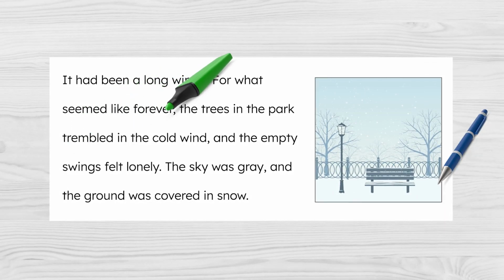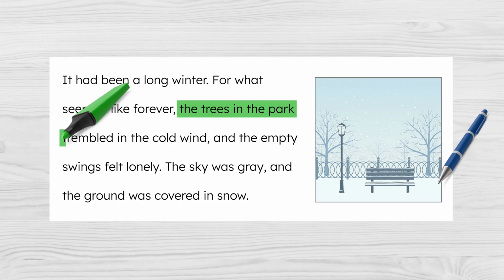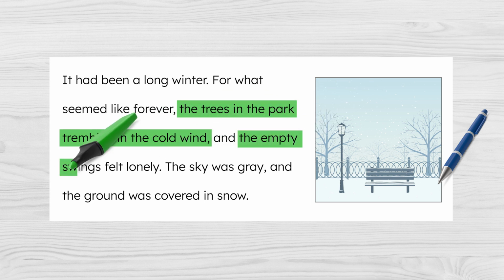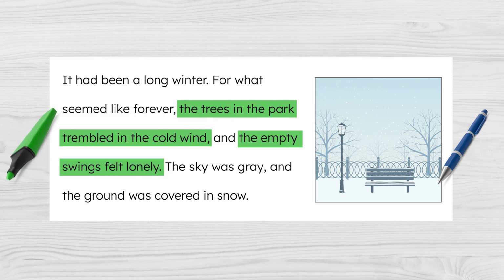Let's check. The trees in the park trembled in the cold wind is personification because trees can't tremble from the cold like humans can. Here's another one. The empty swings felt lonely. The author gives human feelings to the swings, even though they can't literally feel emotions like loneliness.